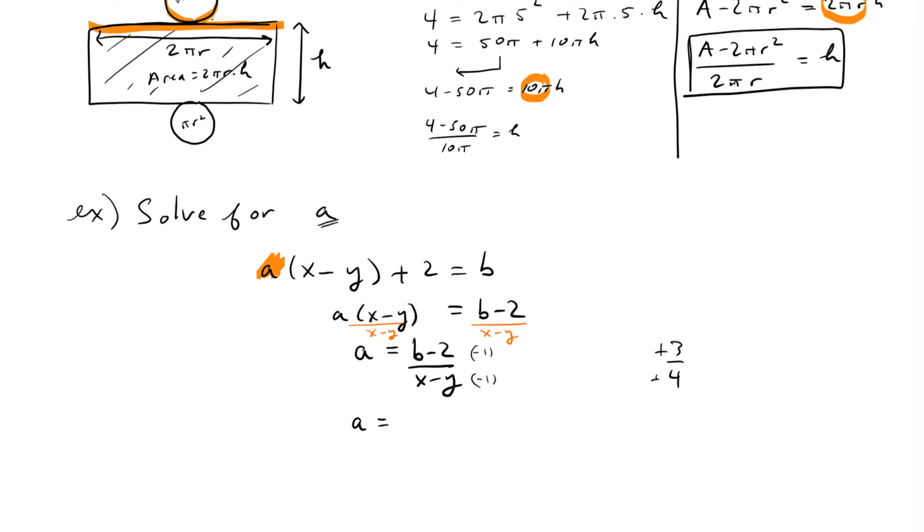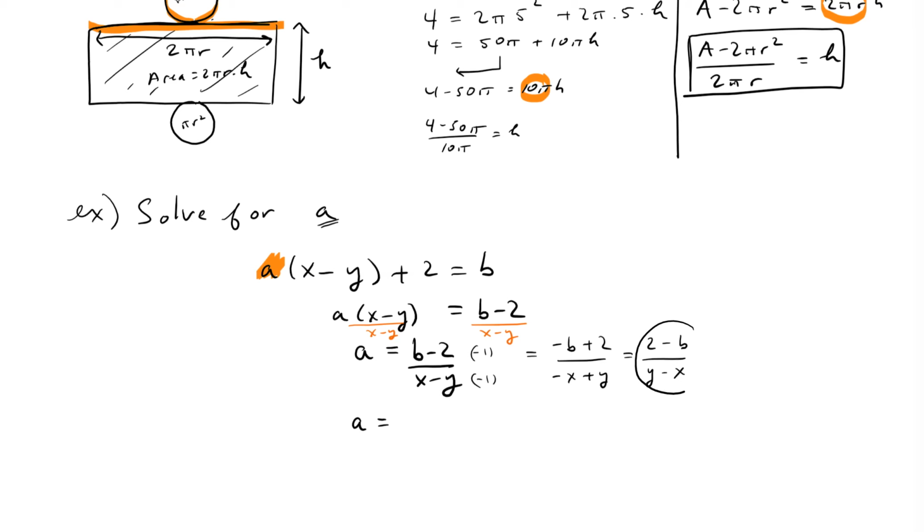If I multiply by minus 1 again, at the top and at the bottom, I get 3/4, and so on. I'm not changing anything. But it does change the way the subtraction is done. So here, if I multiply by minus 1, I get minus b plus 2 over minus x plus y. And I can rewrite everything like this.